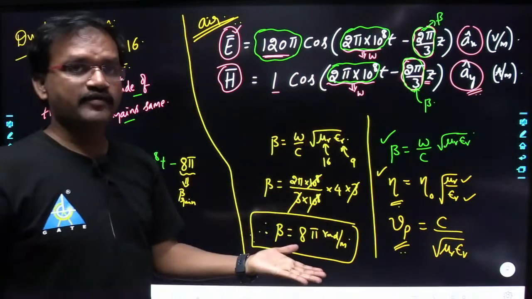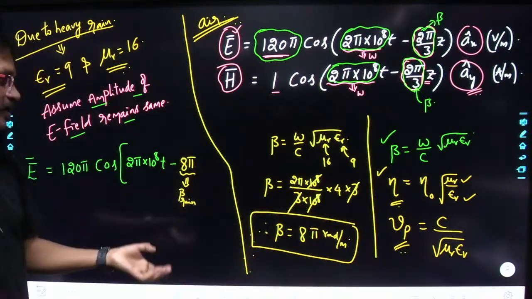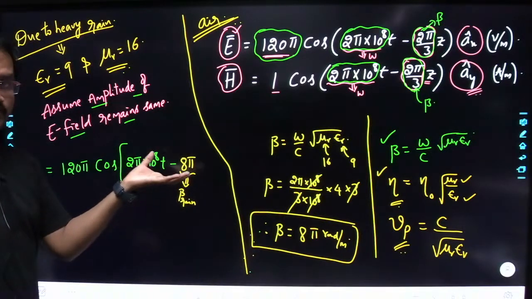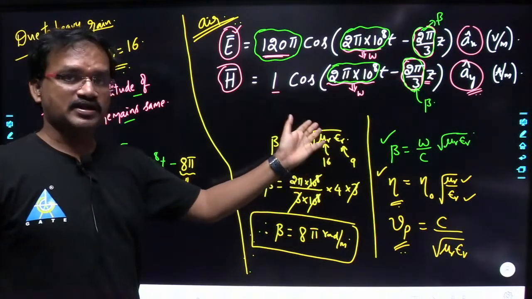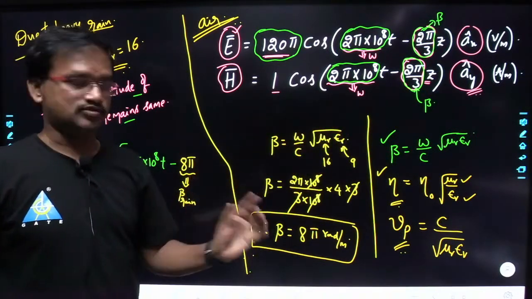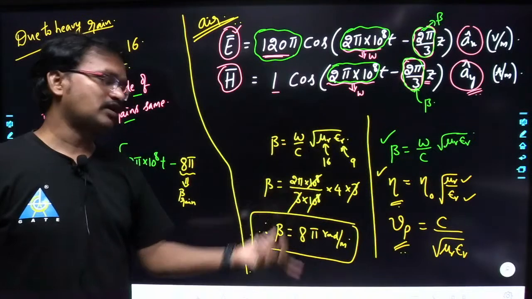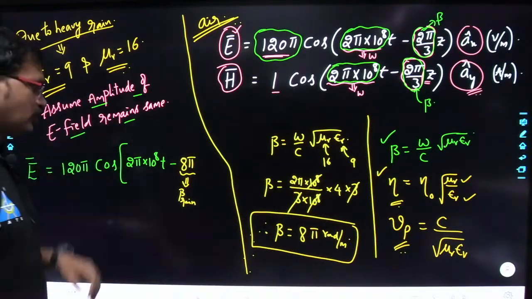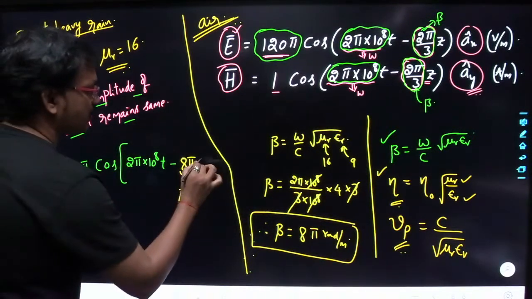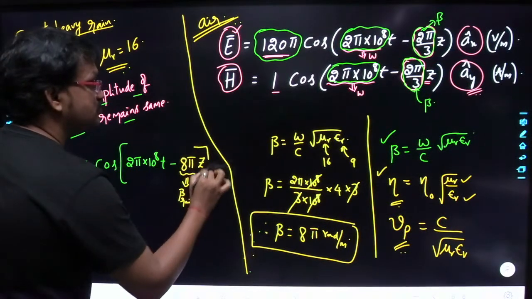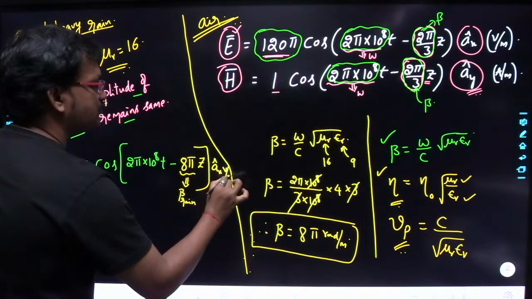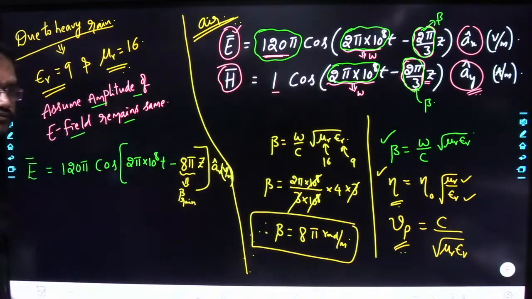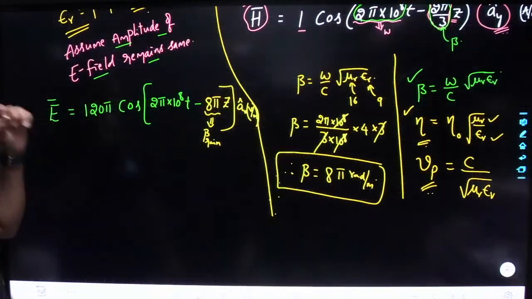Because of heavy rain, in that medium, the beta value has changed to 8 pi. Why is it changing? Because it depends upon the medium properties, that is mu r and epsilon r values. Since these two are changing, beta value is also changing, right? So 8 pi into z, ax cap volt per meter. So this is the electric field expression.